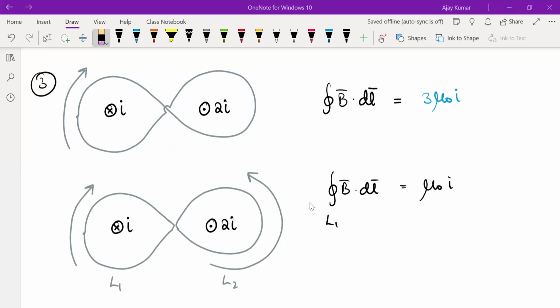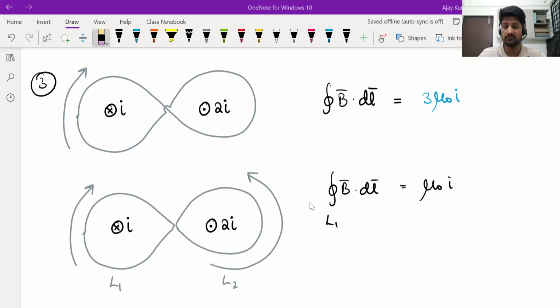Like you are moving in the same sense as the arrow which is given here, sir. Why are you saying the answer will be 2 mu naught I? Why can't it be minus 2 mu naught I? That is my question. So the magnetic field and the dl are in the same direction, right? You have to say we are moving in the same sense as the magnetic field.